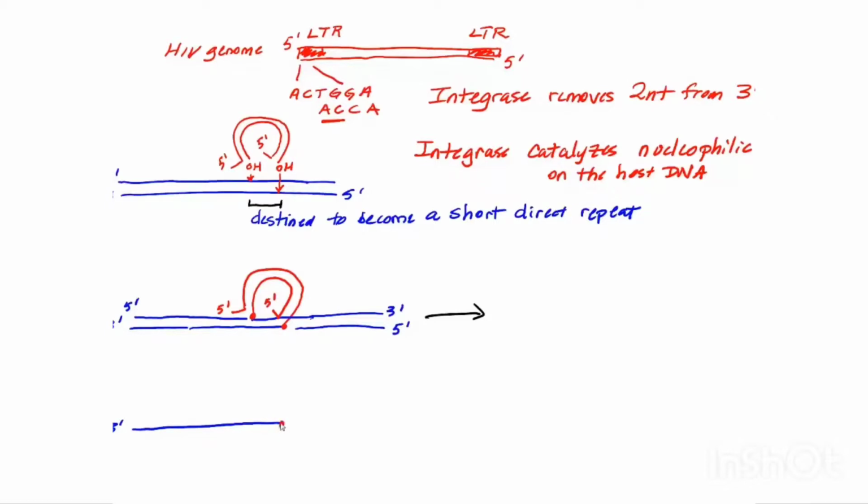It's going to be covalently linked to the retroviral DNA. There's the retroviral DNA, and its protruding 5' end.